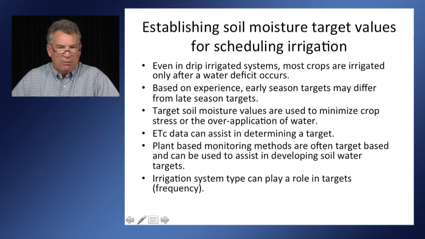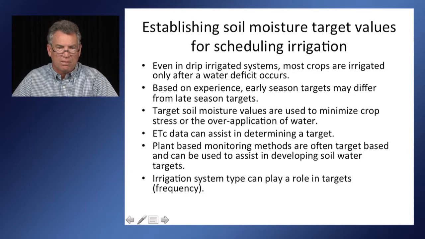In terms of establishing soil moisture target values for irrigation scheduling, consider this. Even in drip irrigated systems, most crops are irrigated only after a water deficit occurs. So in other words, we want to wait until there's a significant deficit before we initiate irrigations. This will minimize deep percolation and some of the losses that we have as a result of deep percolation.